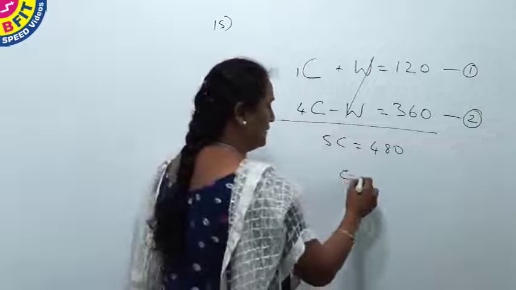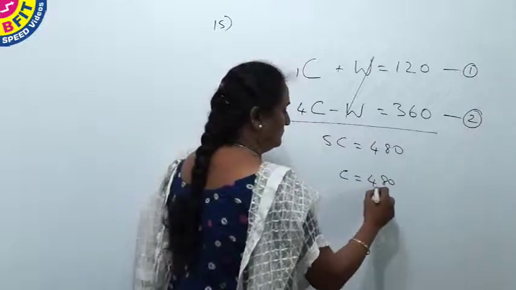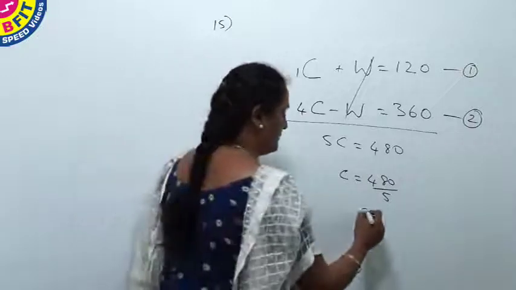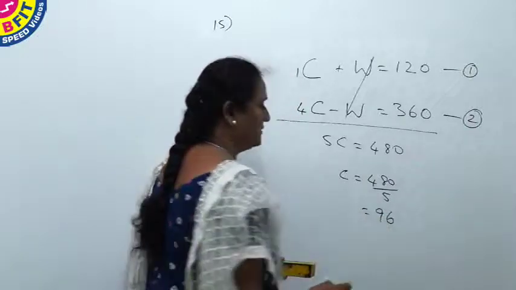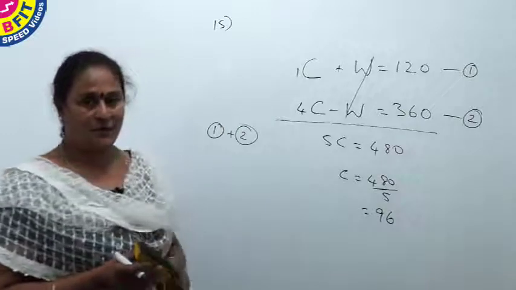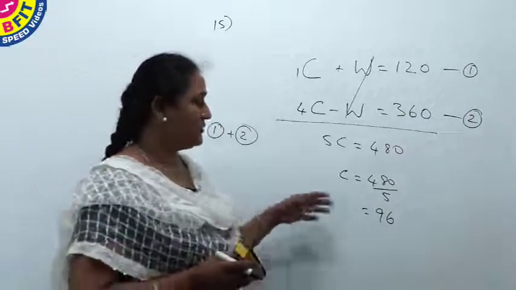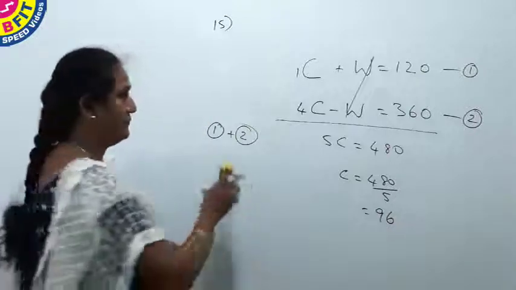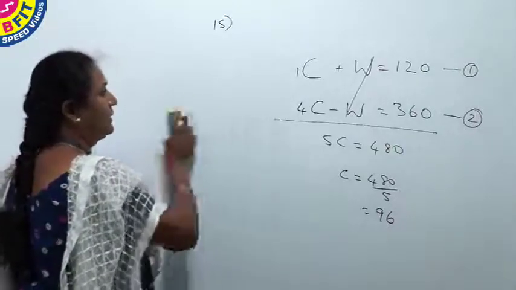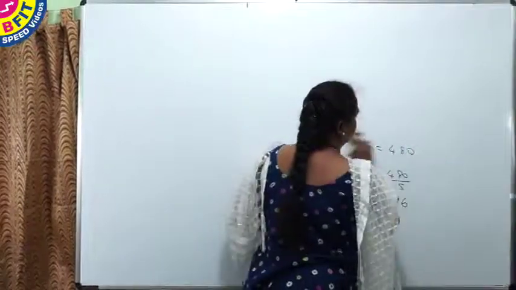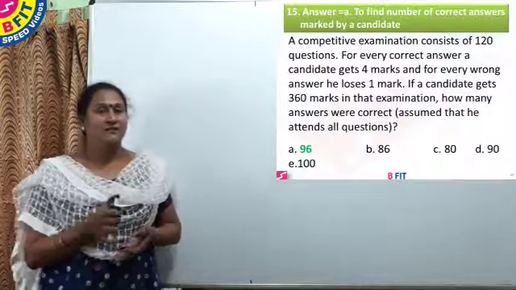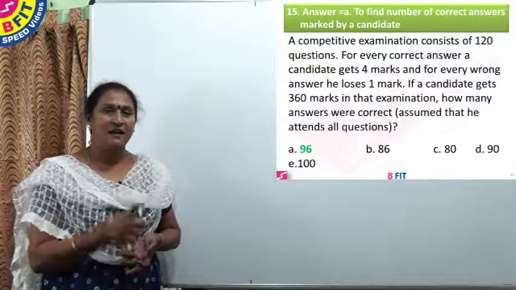So the value of C is 480 by 5, which is equal to 96. So out of 120 questions, the number of answers which were correct for this candidate is 96. And the answer for this question is option A, 96.